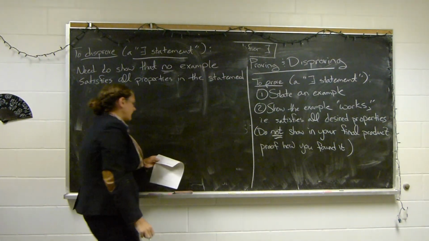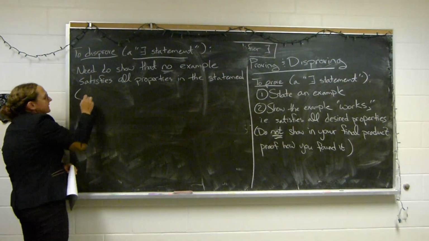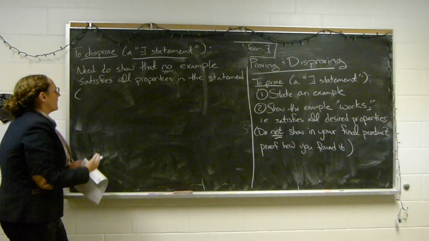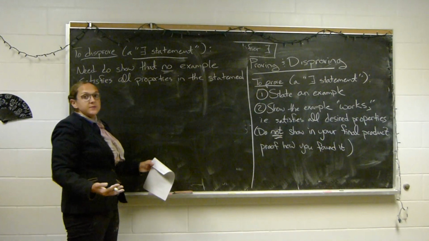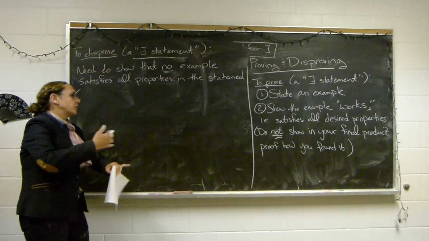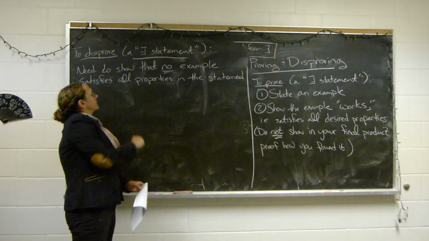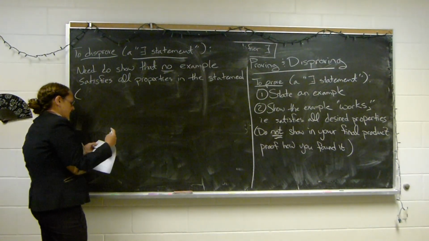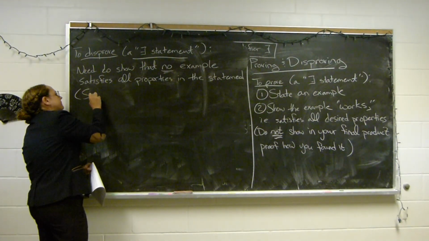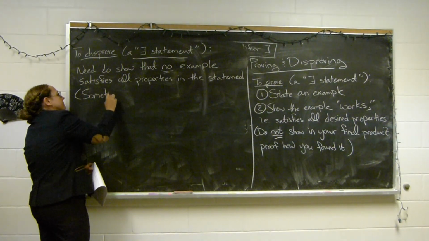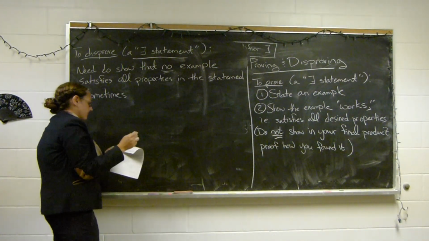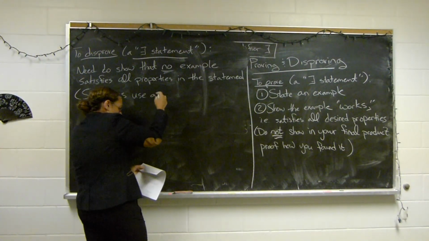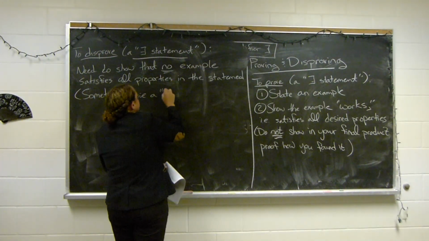And just as a hint, often it works to do a proof by contradiction. Basically say, if there was an example satisfying this, then you would get some implications that would contradict the properties. So sometimes we use a proof by contradiction for this.